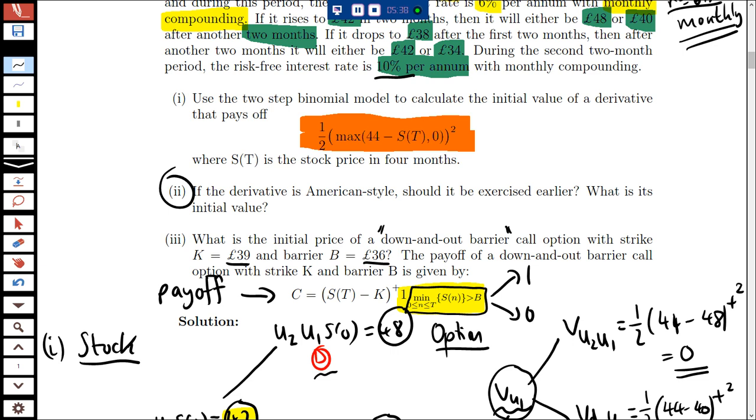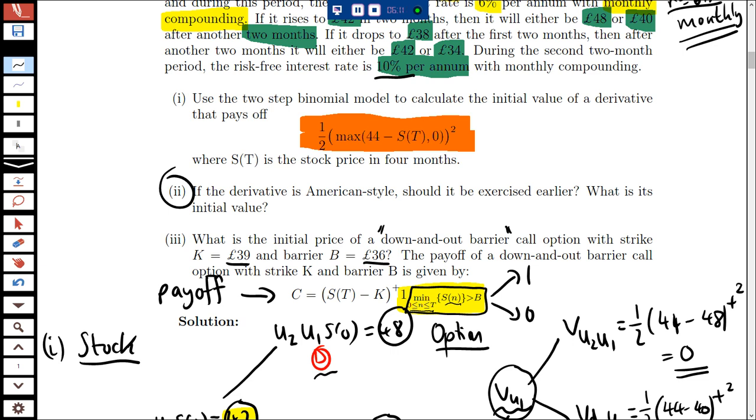So the condition says that if you look at the share price over this period, if the minimum is bigger than the barrier, 36, then the output is 1. Okay, so this is a down and out barrier call, and our job is to find the initial value of the call option using this idea.